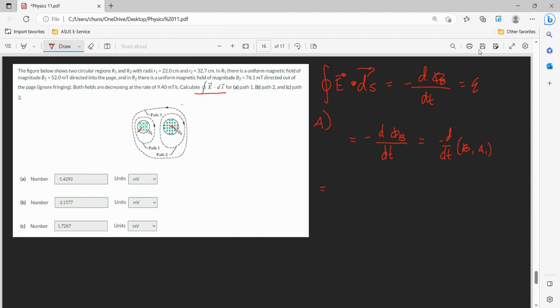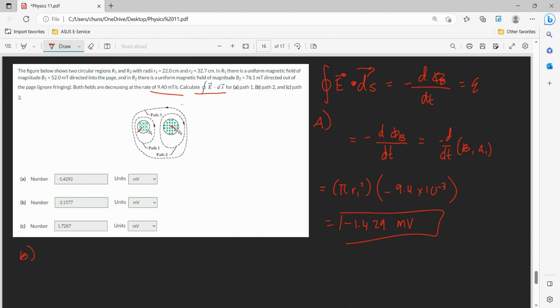So area is going to be constant, so this is pi r1 squared. And we're going to use our rate now, so this is negative 9.4 times 10 to the negative 3. And this is equal to 0.22 squared times pi times 9.4 times 10 to the negative 3. And this is equal to negative 1.429 millivolts.